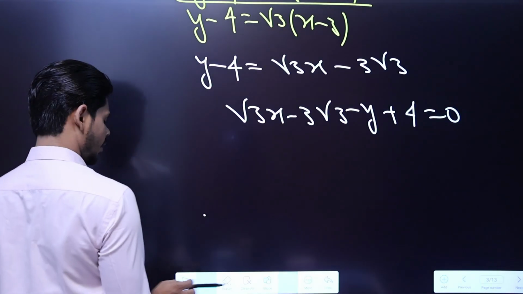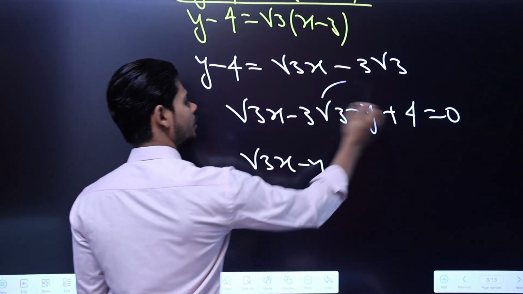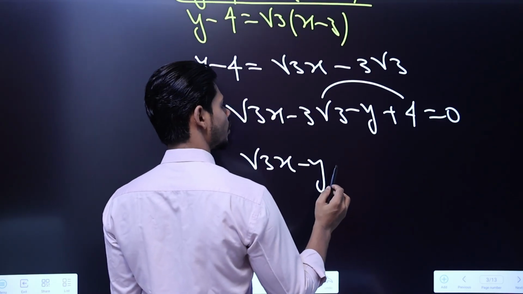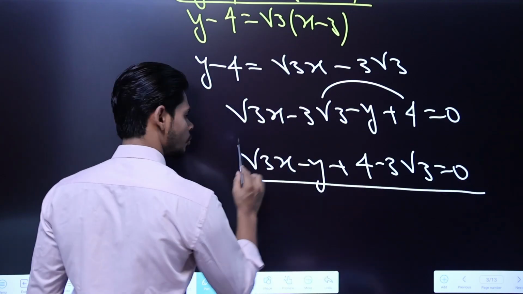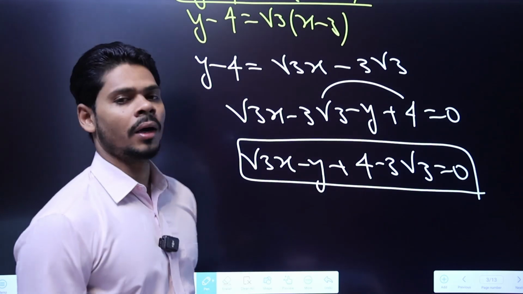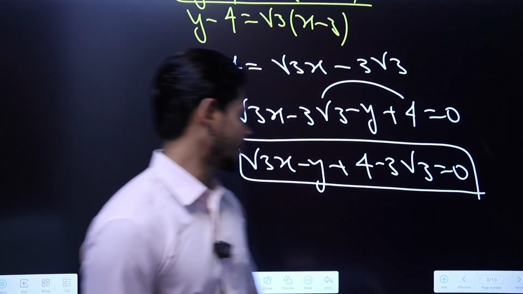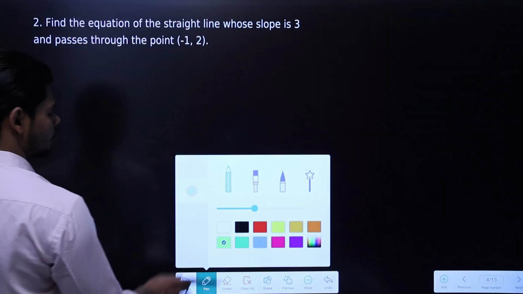Then write the x term first, so root 3 times x, then minus y, and these two constant terms together, so it will look like plus 4 minus 3 root 3 equal to 0. And that's your final form of the equation of a straight line, whose slope is tan 60 degree, root 3, and passing through 3 comma 4.